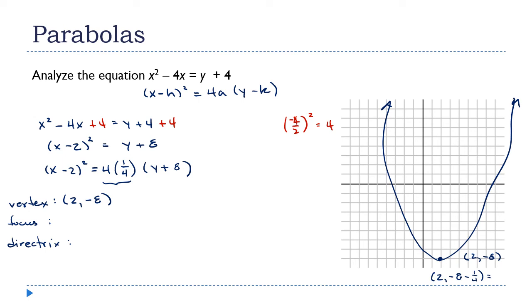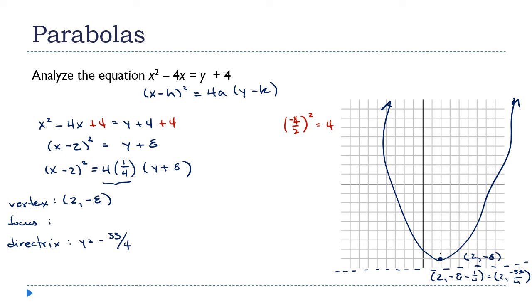I know I usually say, yeah, fractions, there's nothing wrong with them, so let's do fractions, right? We need a common denominator, that's going to be 4, so this is going to be 2, -33/4. So that's going to be my directrix, right? It's going to be right here. It's going to be y equals -33/4.